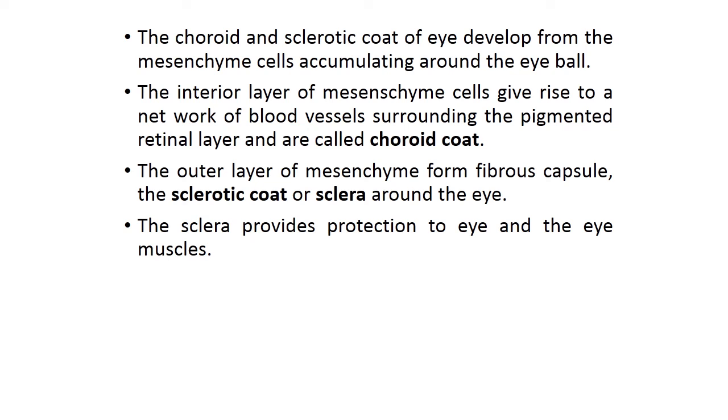The inner layer of mesenchyme cells gives rise to a network of blood vessels surrounding the pigmented retinal layer, and those are called the choroid coat. The outer layer of mesenchyme forms a fibrous capsule, the sclerotic coat or sclera around the eye, that gives the shape to the eye. The sclera provides protection to the eye and the eye muscles.